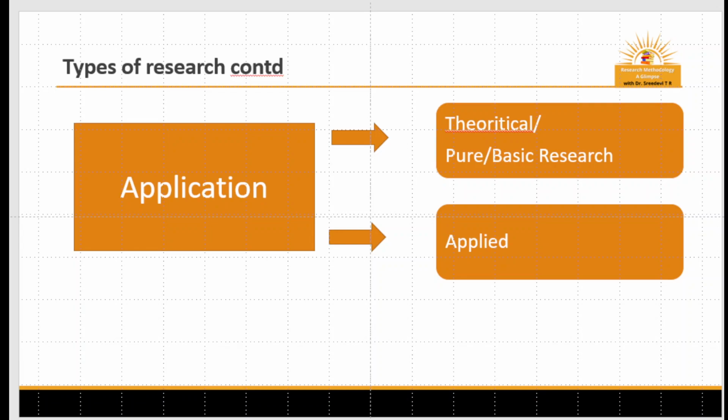So whatever knowledge is obtained can be used in other research. Basic research helps in developing and testing theories and hypotheses. Example, developing a certain technique that can be applied to a particular situation.